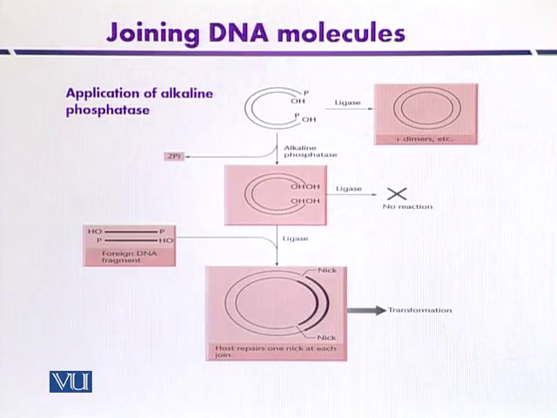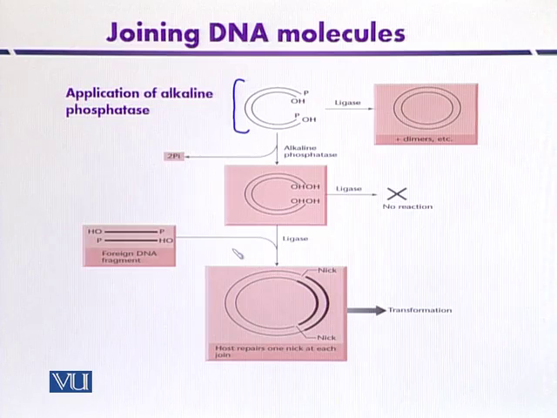We can understand it with the help of a diagram, that is the application of alkaline phosphatase to create a recombinant molecule. Here we have a plasmid that is digested with some restriction enzyme like EcoRI, so that one can create sticky ends.